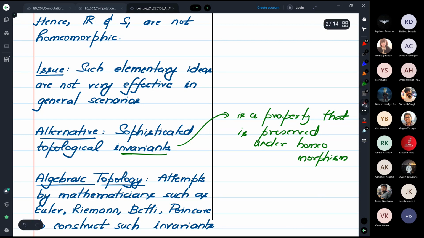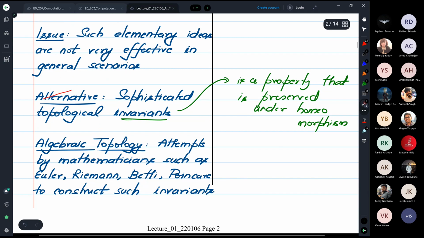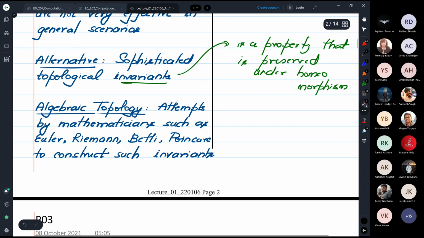So what we have managed to identify so far is that identifying these elementary properties by trial and error may be quite hard. In general, we require some sophisticated topological invariants.